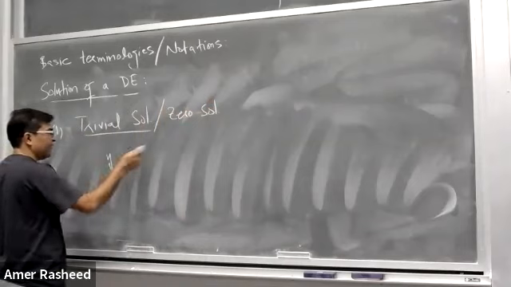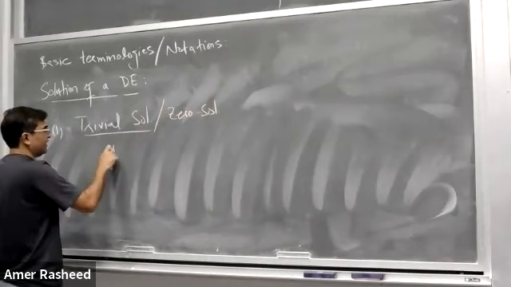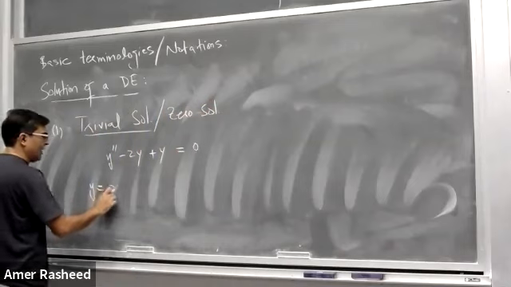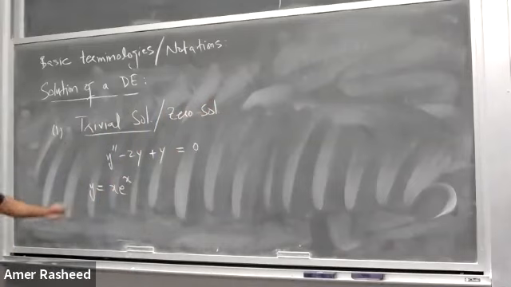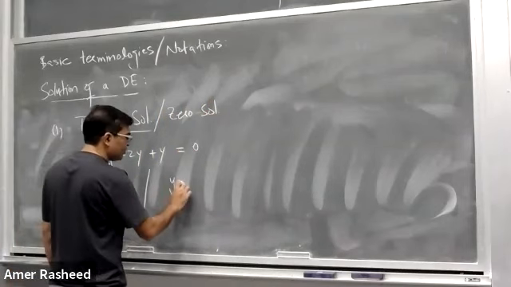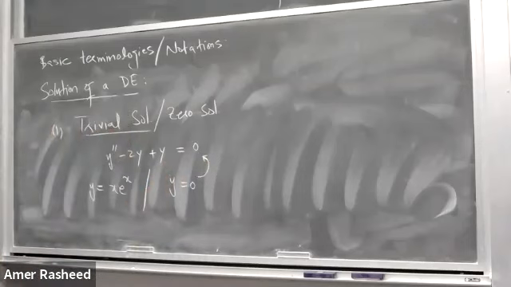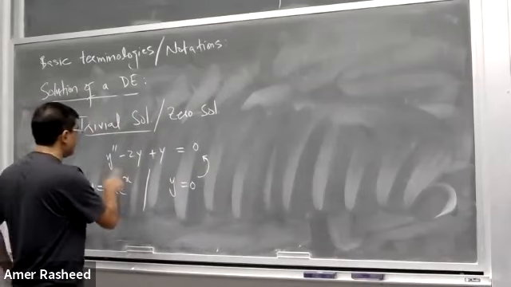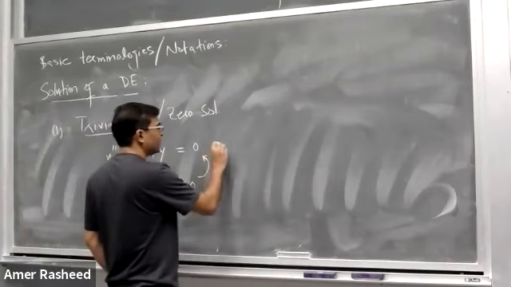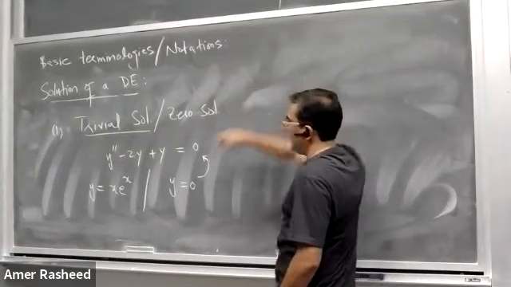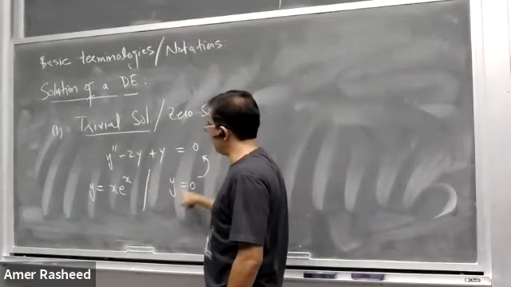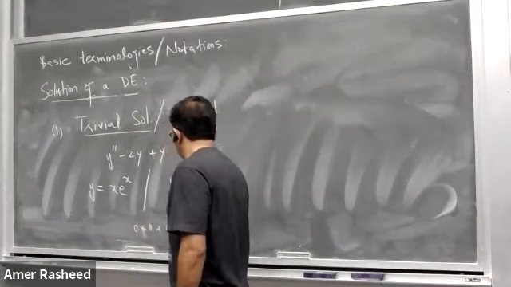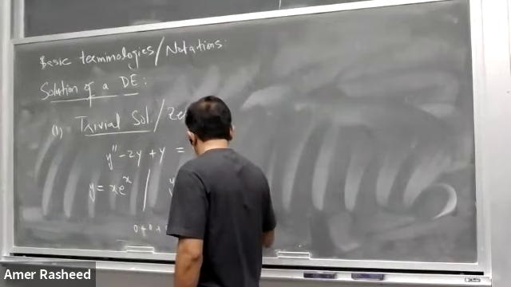For any differential equation, for example the one we just saw, y double dash minus 2y dash plus y equal to 0. One solution we said is y equal to x e raised to the power x. Another solution: if y is equal to 0 is put in, this converts the equation into an identity. If we insert y equal to 0 here, we obtain 0 minus 0 plus 0 equal to 0, which returns this equation into an identity, 0 is equal to 0.